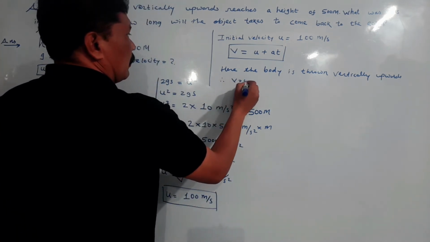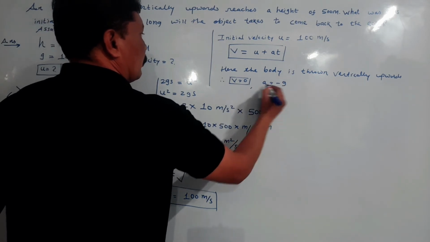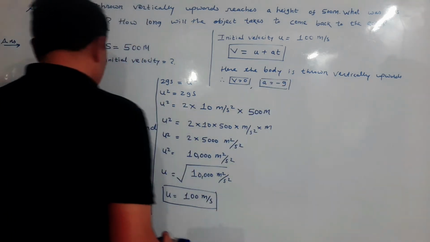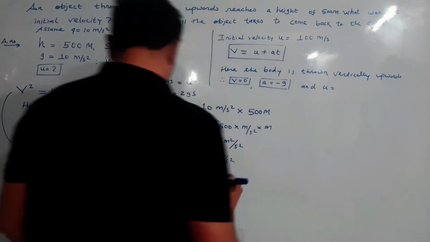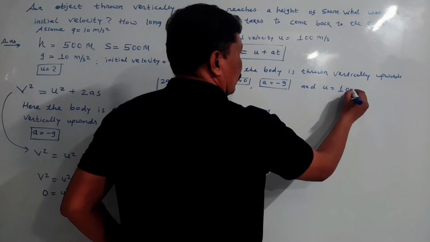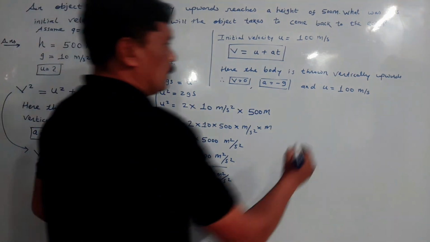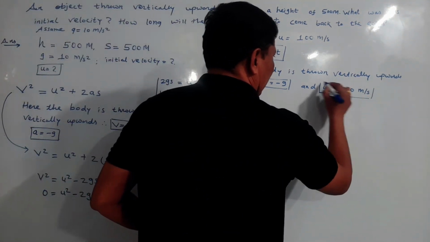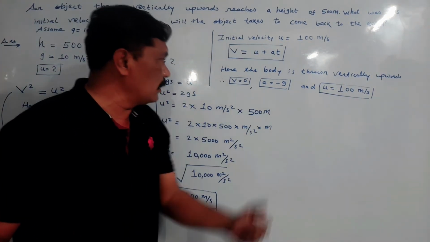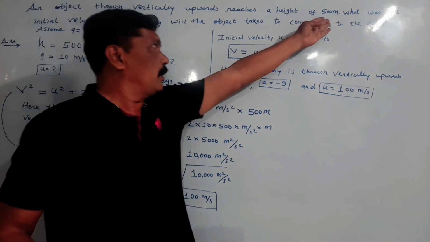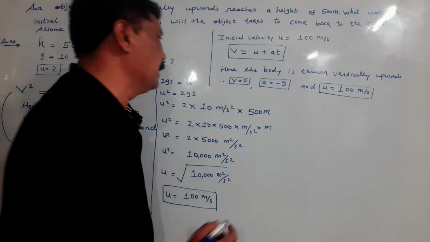Therefore, v will be equal to 0, a will be equal to minus g, and my dear student, u we have found, that is 100 meter per second. My dear student, here some information we can understand. That is, when a body is thrown with the initial velocity of 100 meter per second, then it attains a height of 500 meter. Now we only have to find the time taken by the body to attain the height of 500 meter.